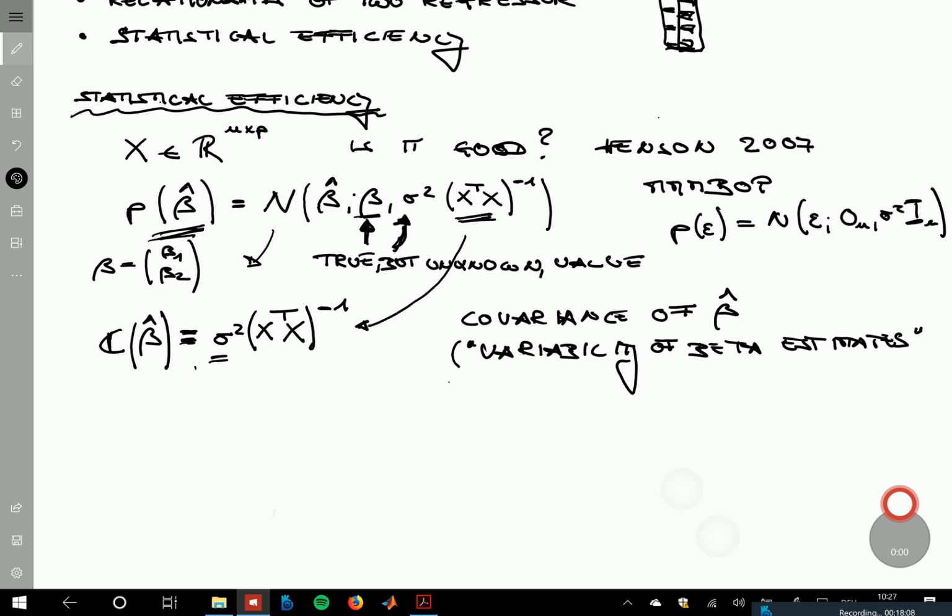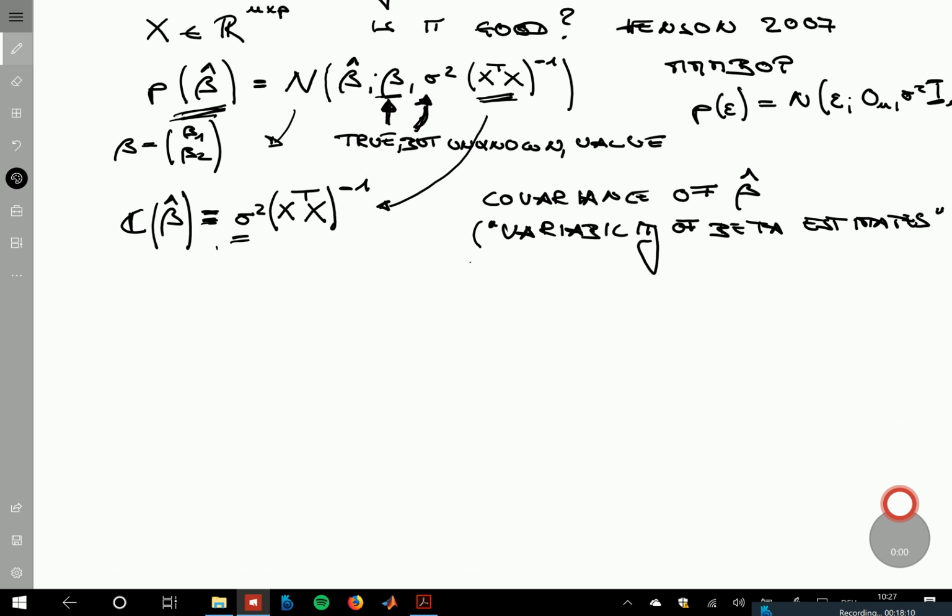Now, the criterion is simplified further by not dealing with the entire matrix or some function of this matrix. So remember that XTX, what are the dimensions of XTX?